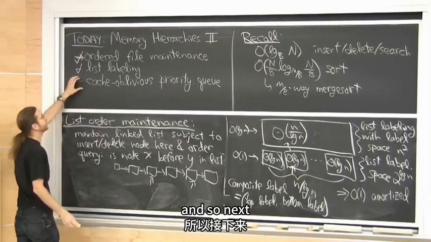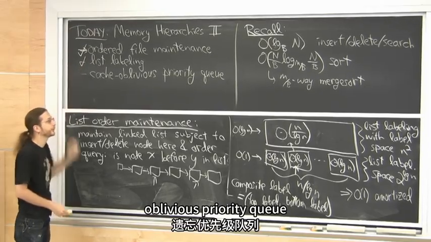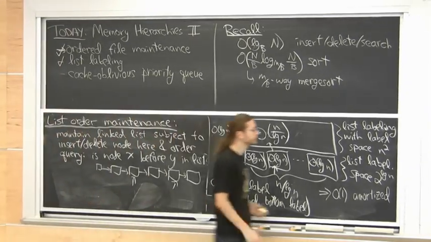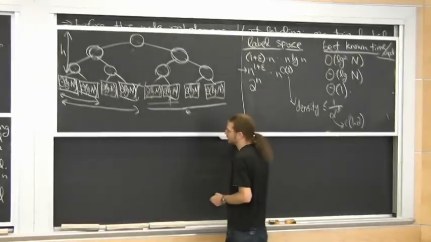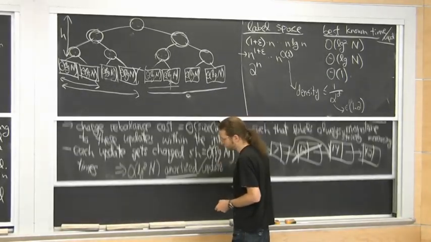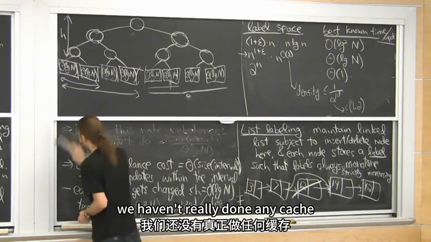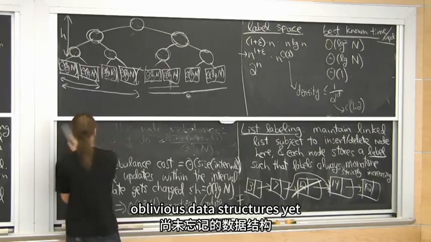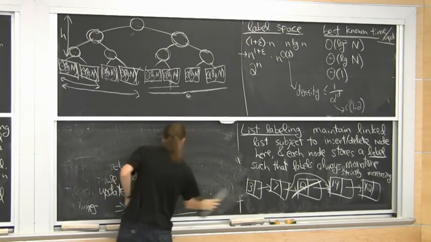And so next we're going to move to a very different data structure, which is cache oblivious priority queue. We haven't really done any cache oblivious data structures yet, so it's time to return to our original goal.